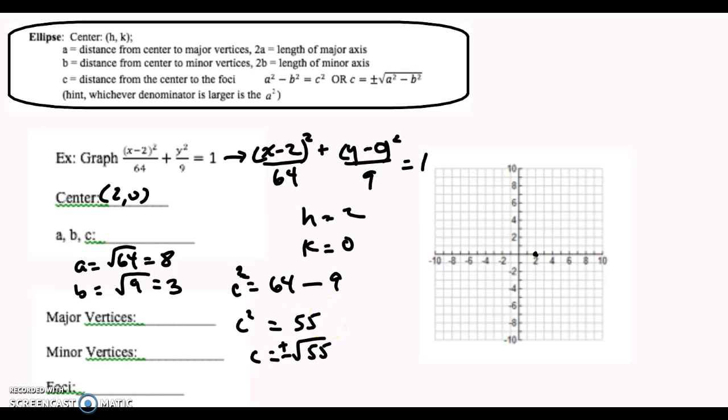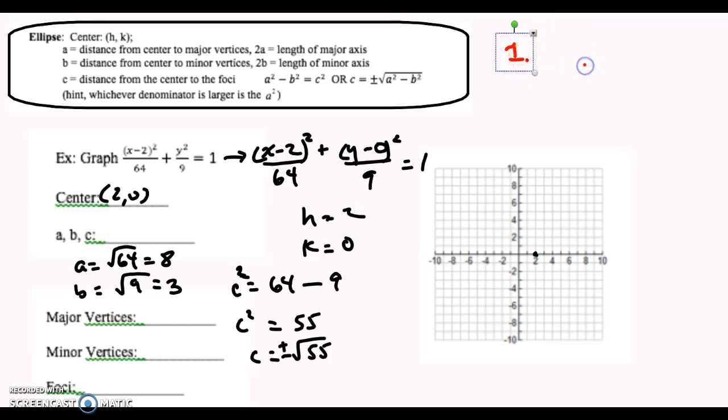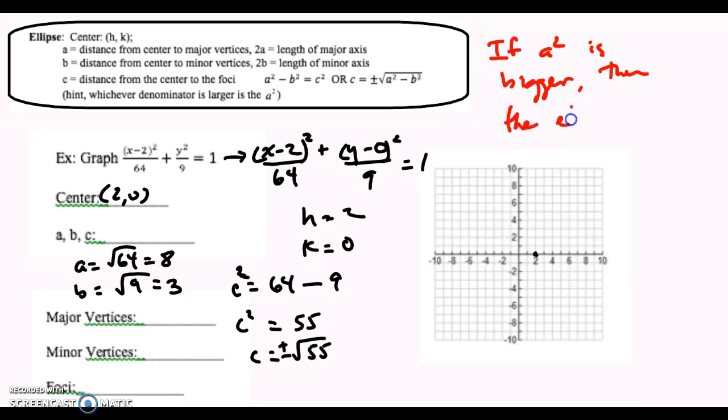Now here's the real question. Is the ellipse standing up or is it on its side? And the way you know, if a squared is bigger, then the ellipse is going to be on its side.